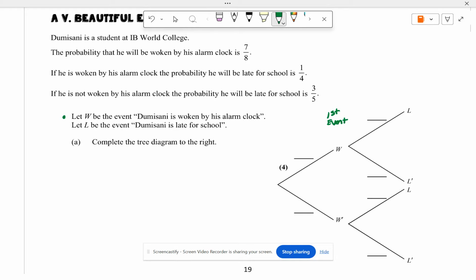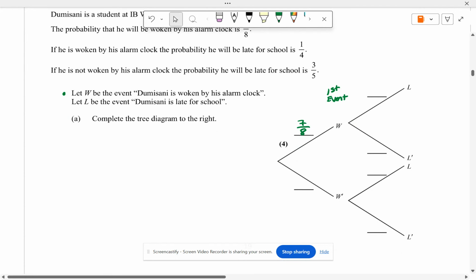He is either being woken up or not being woken up by his alarm clock. So the probability that he is woken up by his alarm clock, or W, is 7/8. We know that branches on a probability tree, this one and this one, are going to add up to 1, so this guy has to be 1/8 for the probability that he is not woken up by his alarm clock.